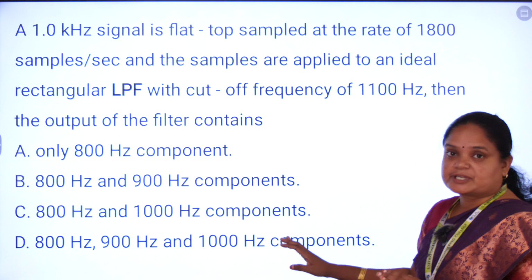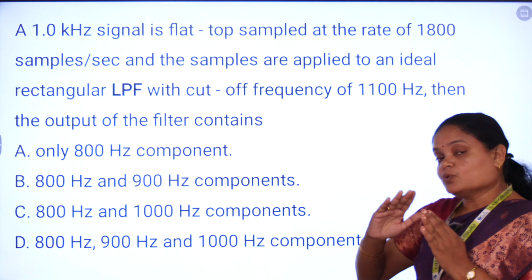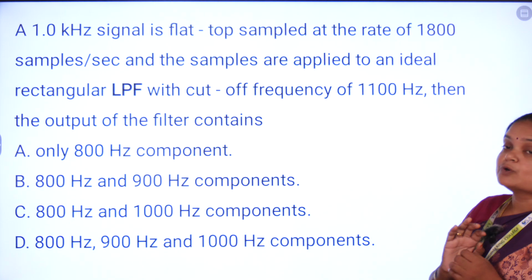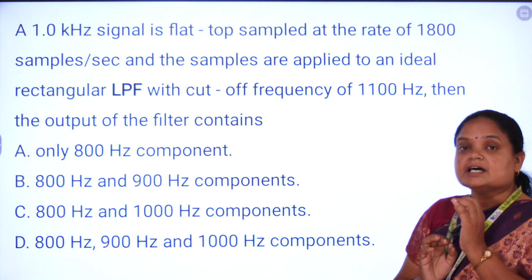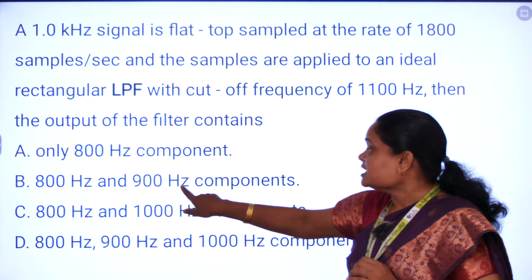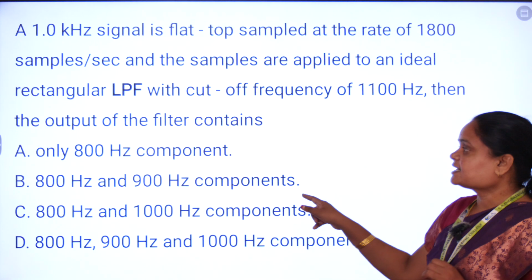From the options we come to the solution. 800 hertz is the minimum one. So what is the maximum? The maximum we get from the sampling rate of 1800 samples per second, divided by 2, which is 900 hertz. So 800 and 900 hertz components is the correct option.